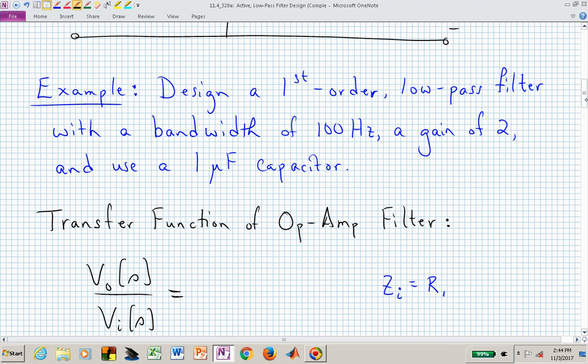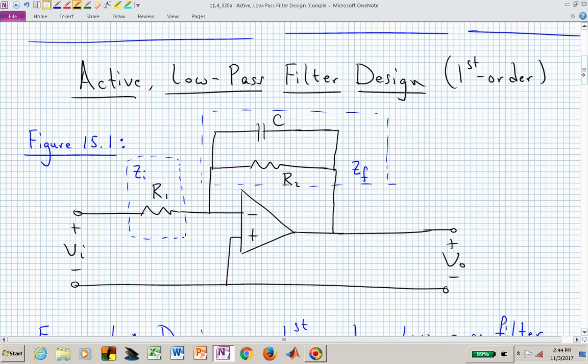And if you can't remember, then maybe what you need to do is write a KCL equation relative to this input node, or this node at the inverting terminal of the op-amp, and from that KCL equation, you should be able to find one equation that contains V sub I and V sub O, take their ratio of V sub O to V sub I, and that will give you your transfer function.